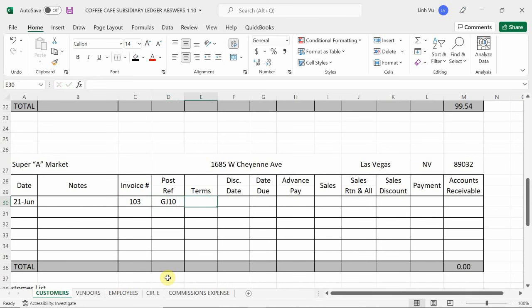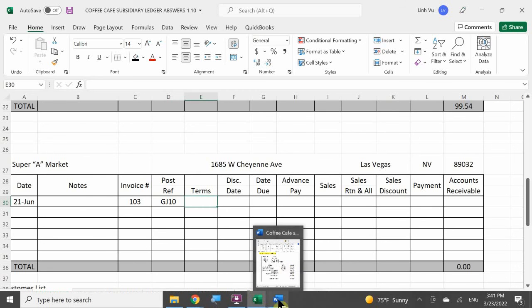What was the terms I gave Super A Market?